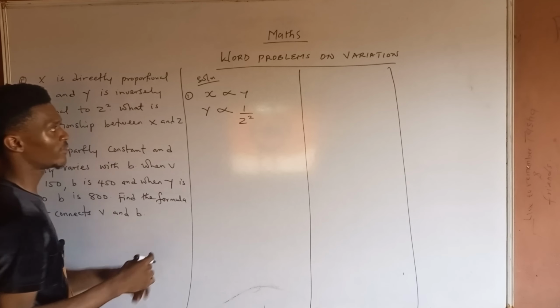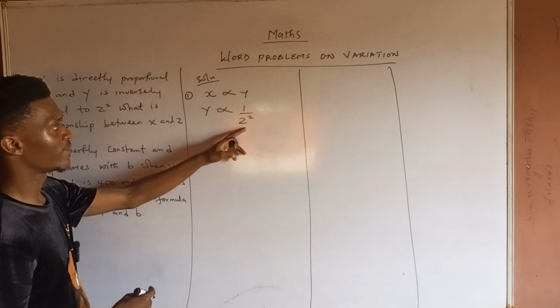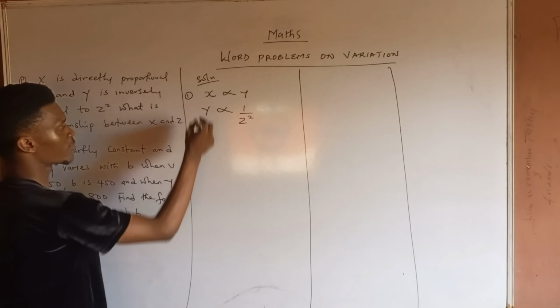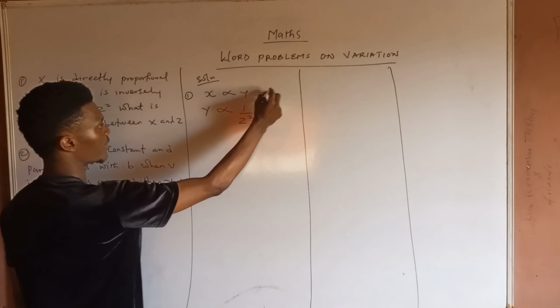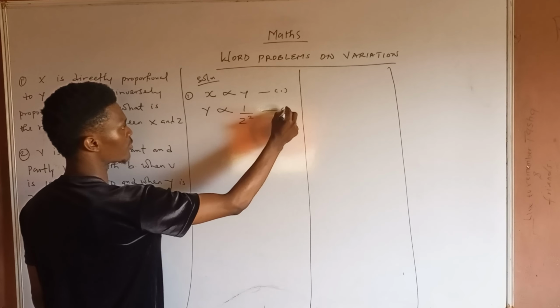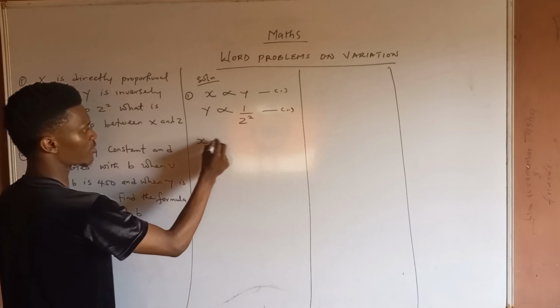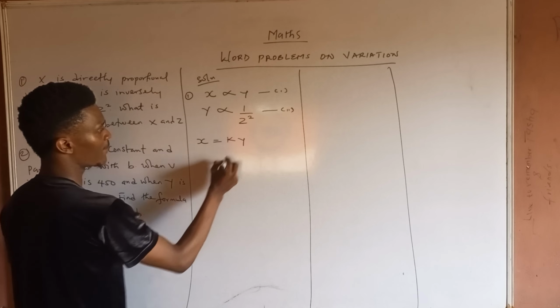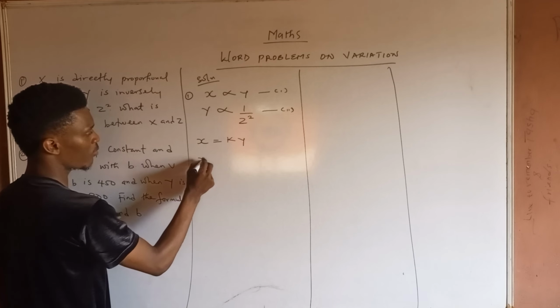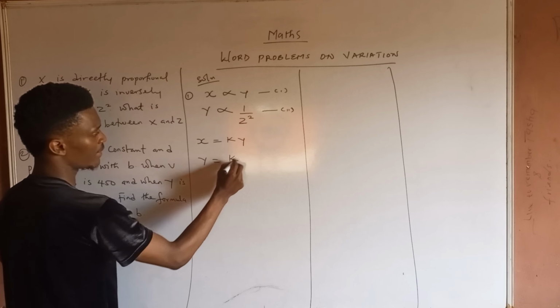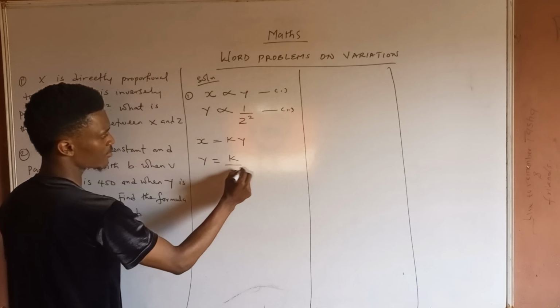Now, if we want to get the relationship between x and z, first we introduce a constant in the equations. This is equation 1 and this is equation 2. Introducing a constant in the first equation, it becomes x equal to ky, and the other one becomes y equal to k over z squared.